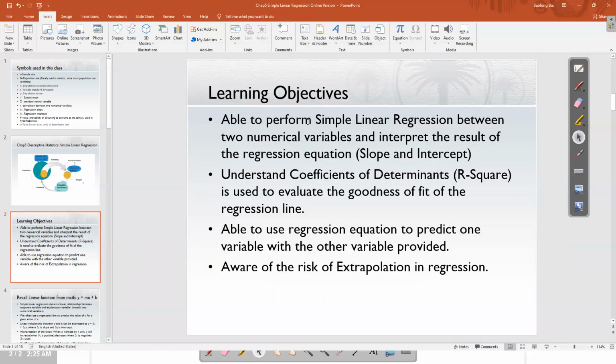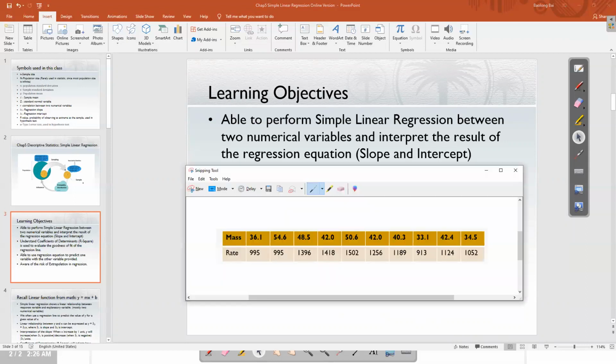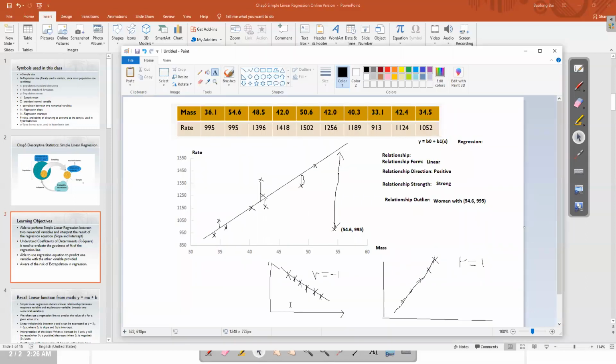We should be able to perform simple linear regression to find the regression equation. So you need to find the slope and intercept. Then all you need to do is put it back into the general form, y equals b0 plus b1 times x, right? When you use a regression equation to describe the relationship, it's not going to describe the relationship perfectly, right?